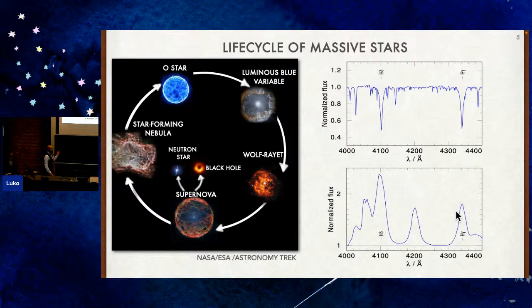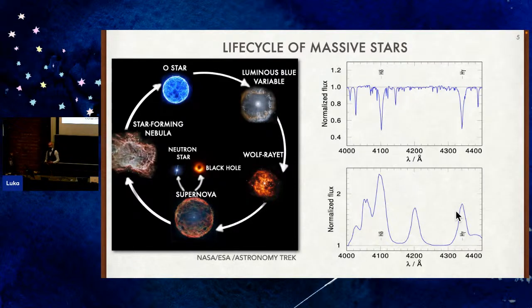Diagrammatically, we often present the life cycle of stars as a closed circle, where massive stars start their life in star-forming nebulae, giving birth to an O-type star, which can then evolve to become a so-called Wolf-Rayet star, which afterwards can undergo a supernova explosion, leaving behind exotic remnants such as neutron stars or black holes, depositing enriched gas back into the star-forming nebula and giving rise to the next generations of stars.